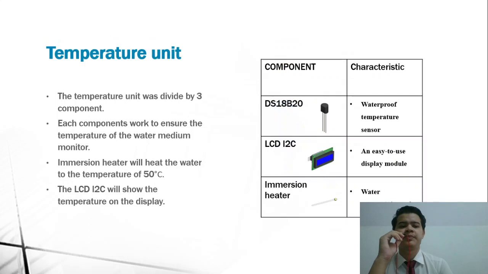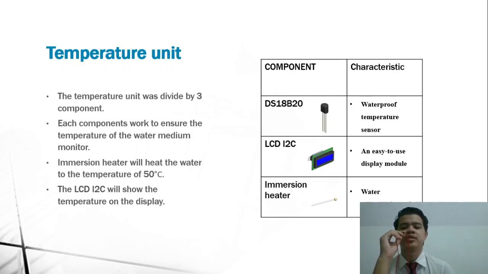Okay, next one is the temperature unit. The temperature unit is also included in the electronic unit, but from the electronic unit, the process is only for the pump. The use of the temperature unit is to show when the temperature has arrived at 50 degrees Celsius.